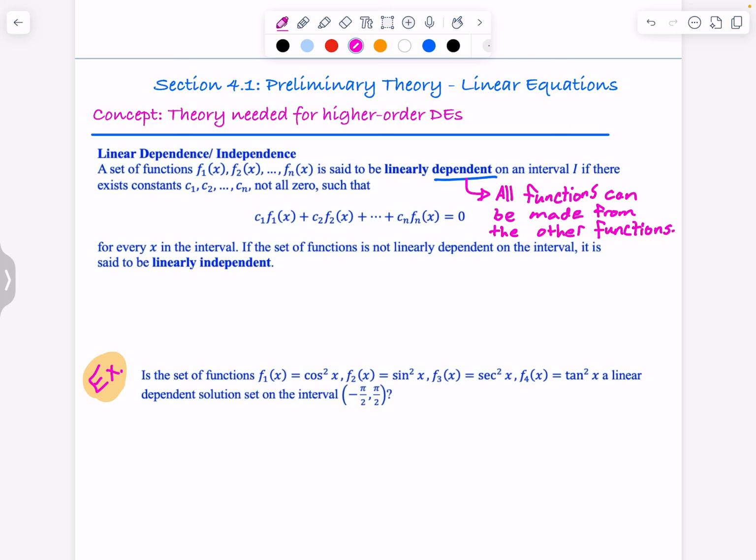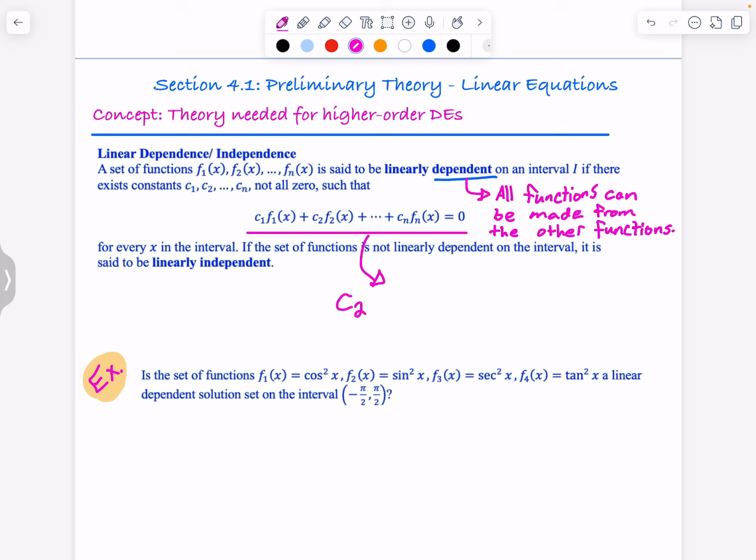Here's a roundabout way of saying this too. A set of functions, f1, f2, up to fn, is said to be linear dependent on an interval I if there exist constants c1, c2, up through cn that are not all zero, such that when I add those, I get 0. You could think about it this way as well.